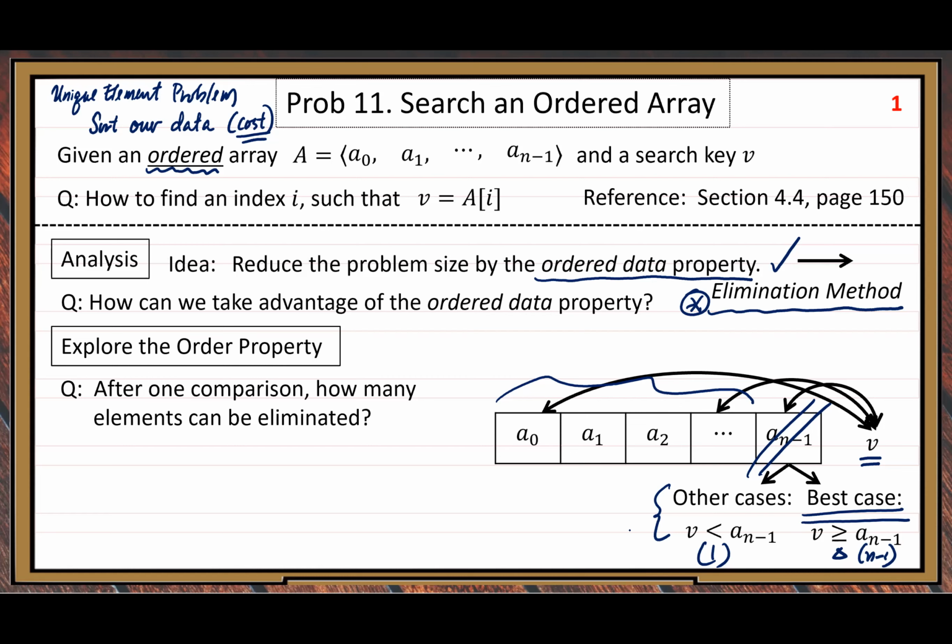But this possibility we need to seriously consider. You cannot ignore this case. Here there is something like Murphy's Law.